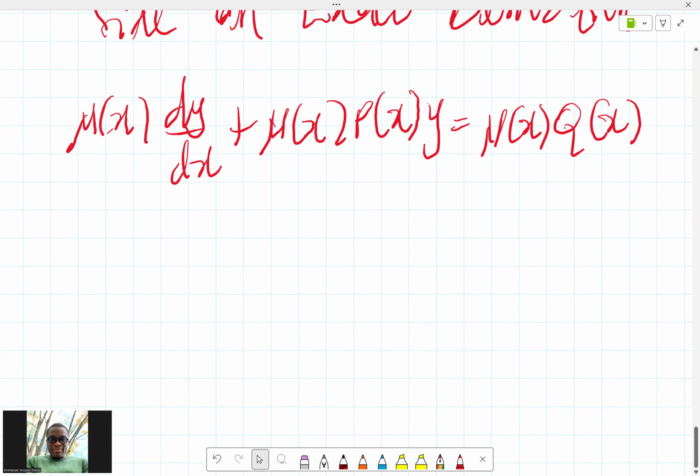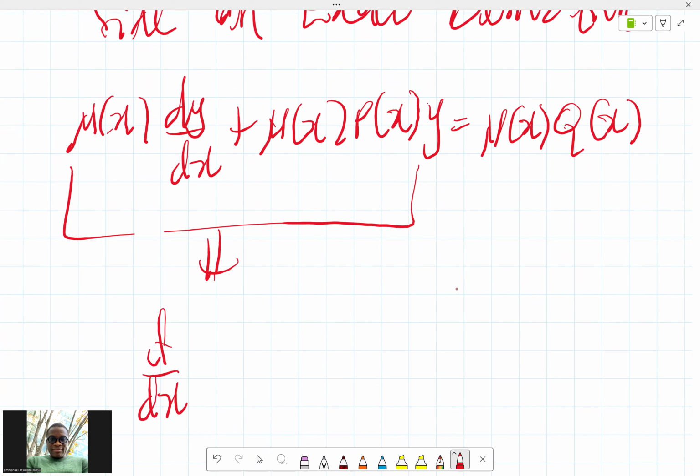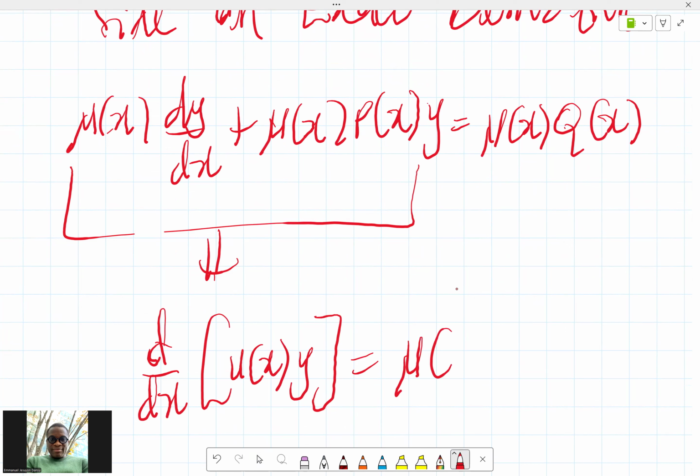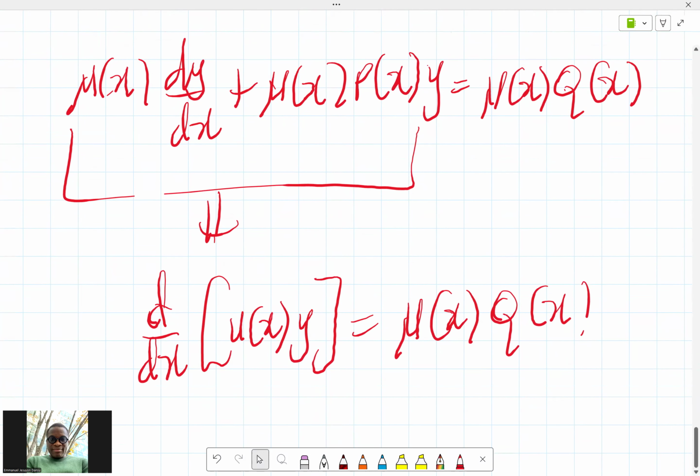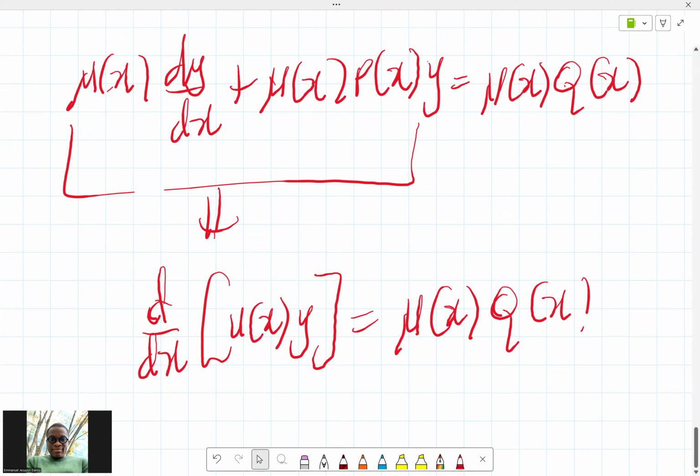So now you see that this whole expression can become d dx of mu of x y, and that is equal to mu of x q of x. So by the time you resolve this expression, you discover that this whole thing is d dx of mu of x multiplied by y, and that will be equal to mu of x q of x.